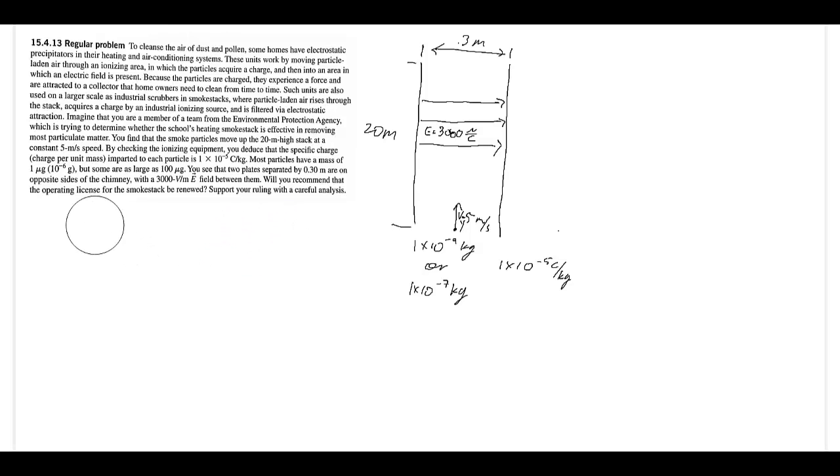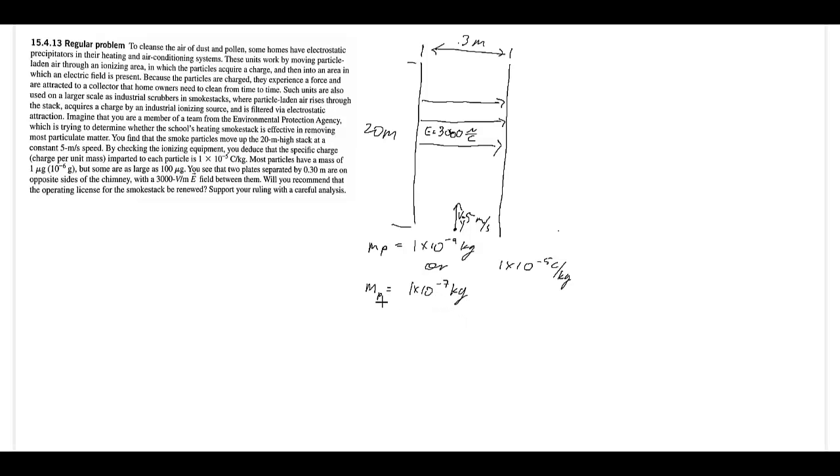All right, now, so there's this 3,000 newton per coulomb E field, 20 meters high. The mass of the particle can be anywhere from 1 times 10 to the negative 9 kilograms or 1 times 10 to the negative 7 kilograms. That is 1 microgram for this one or 100 micrograms for this one. I just converted to kilograms because of the ionizing charge.